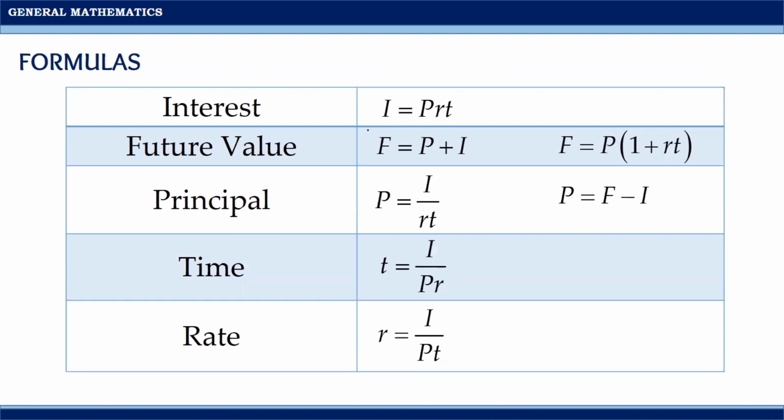For the future value, we have two formulas: F is equal to P plus I, and F is equal to P times (1 plus RT).